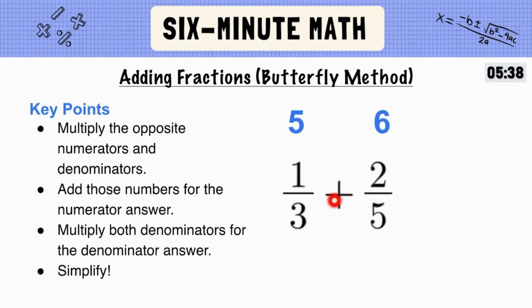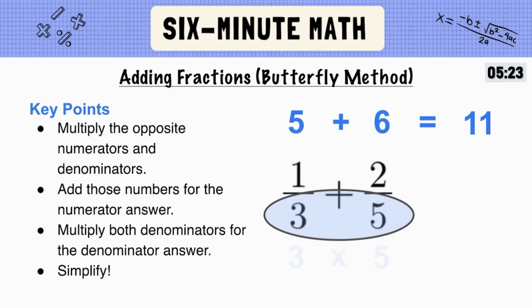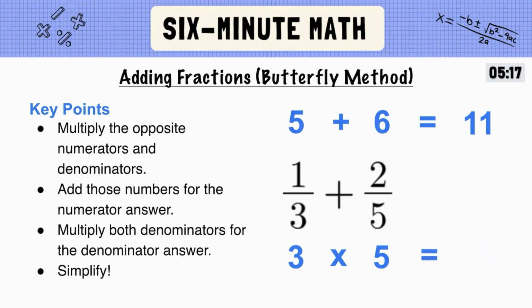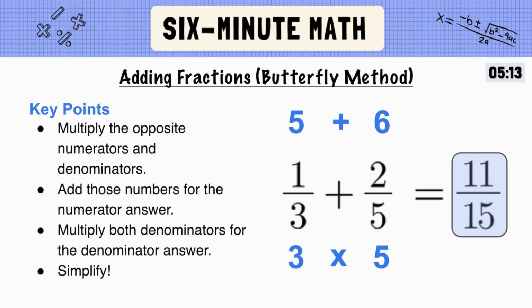Because I am adding these fractions together, I am going to add those two numbers to give me the answer as my numerator. To get my denominator answer, I'm simply going to multiply my denominators together. 3 times 5 is equal to 15. And I combine those two for the final answer of 11 over 15.